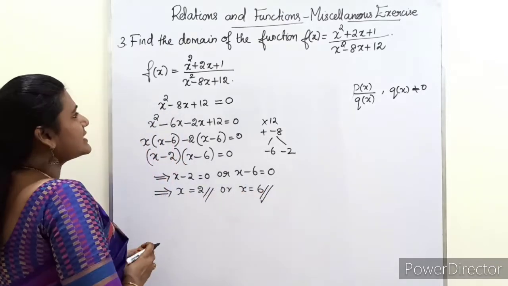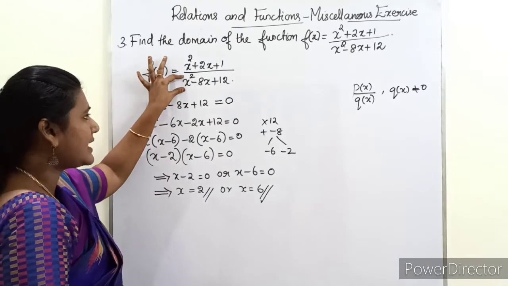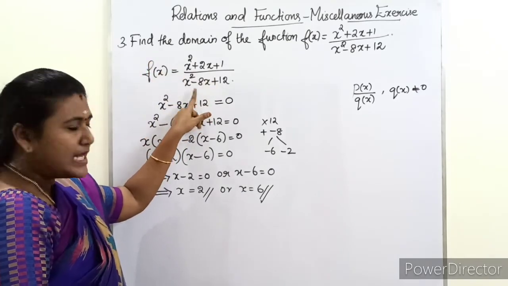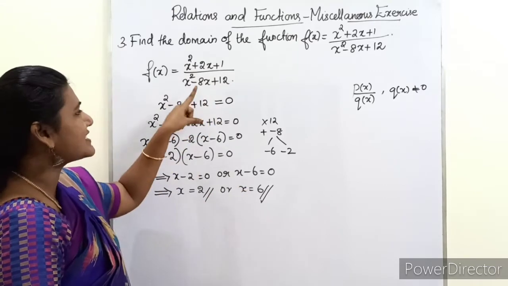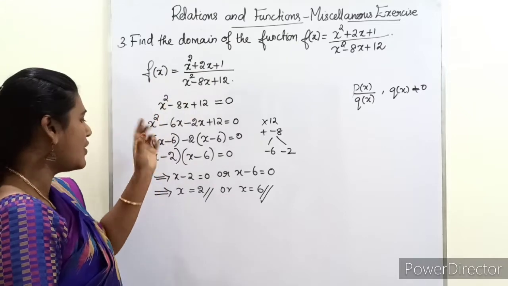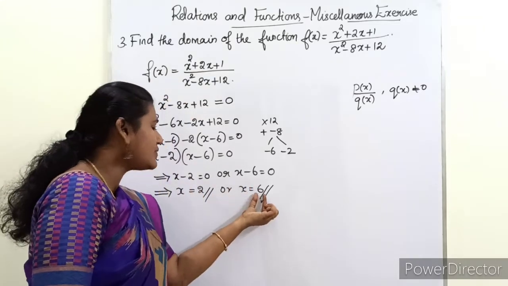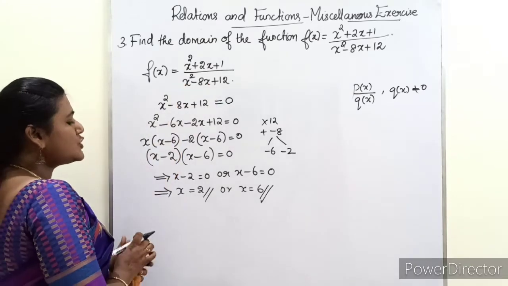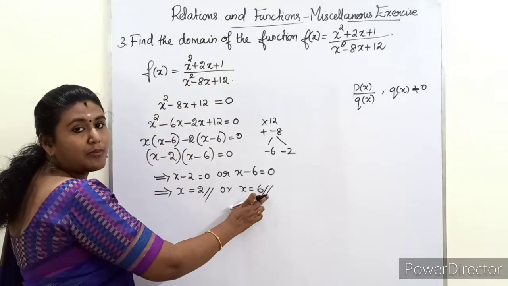So if x is equal to 2 and you substitute it in the denominator expression, the denominator will become 0. Similarly, if you substitute x is equal to 6 in this expression, the denominator will become 0. So these two values of x make the denominator 0, and the domain should not contain these two numbers.